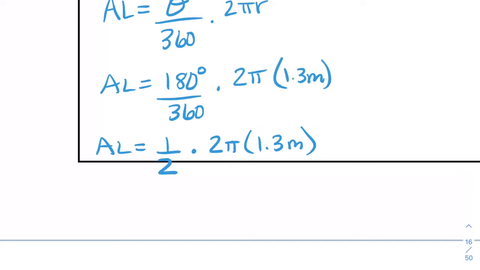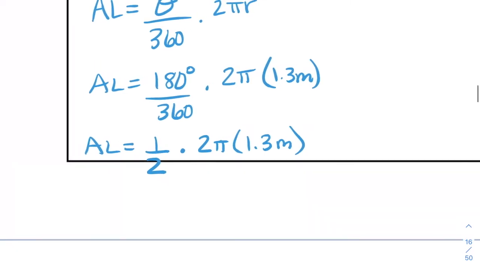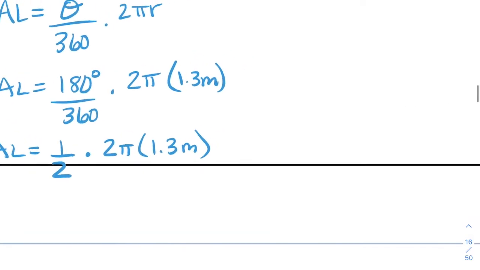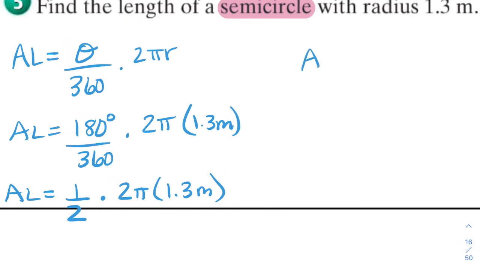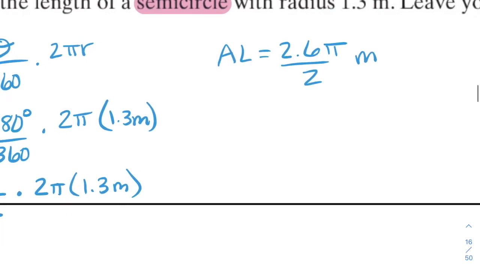So 2 times 1.3 is 2.6. So arc length equals 2.6 pi over 2 meters, which ends up being 1.3 pi meters.